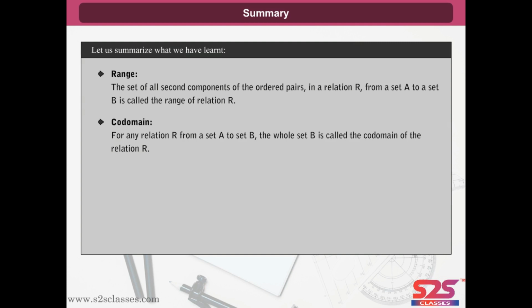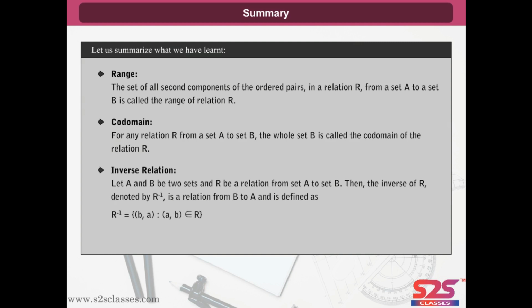For any relation R from a set A to set B, the whole set B is called the codomain of the relation R. Inverse relation. Let A and B be two sets and R be a relation from set A to set B. Then the inverse of R, denoted by R to the power minus 1, is a relation from B to A and is defined as shown.